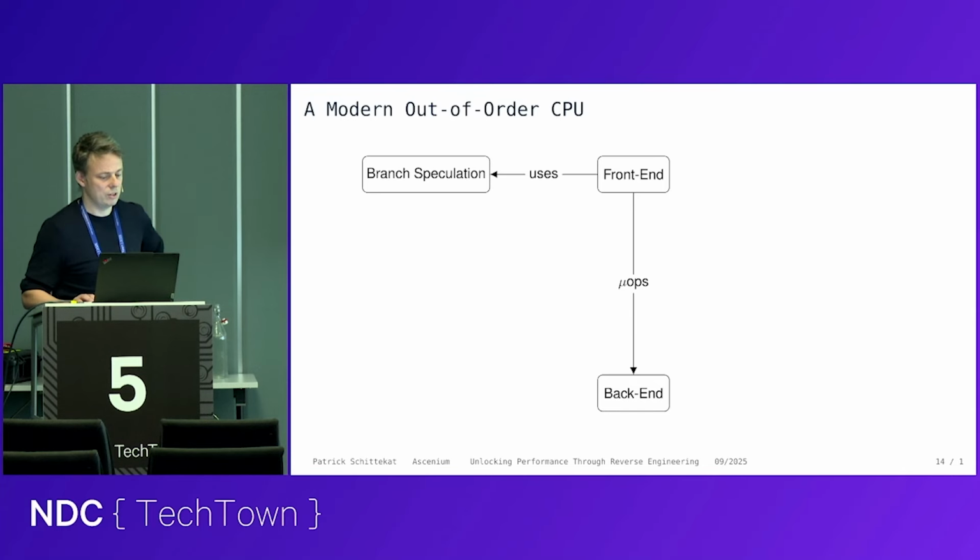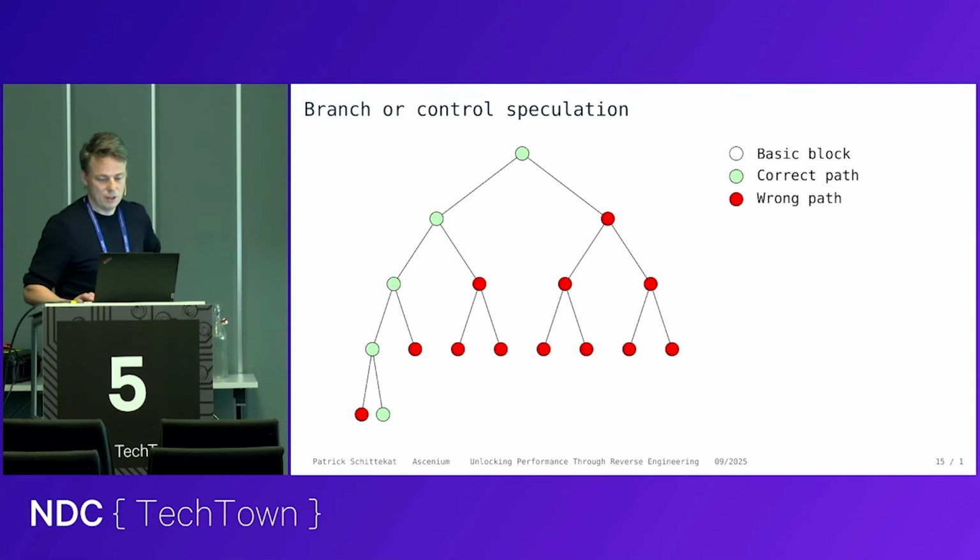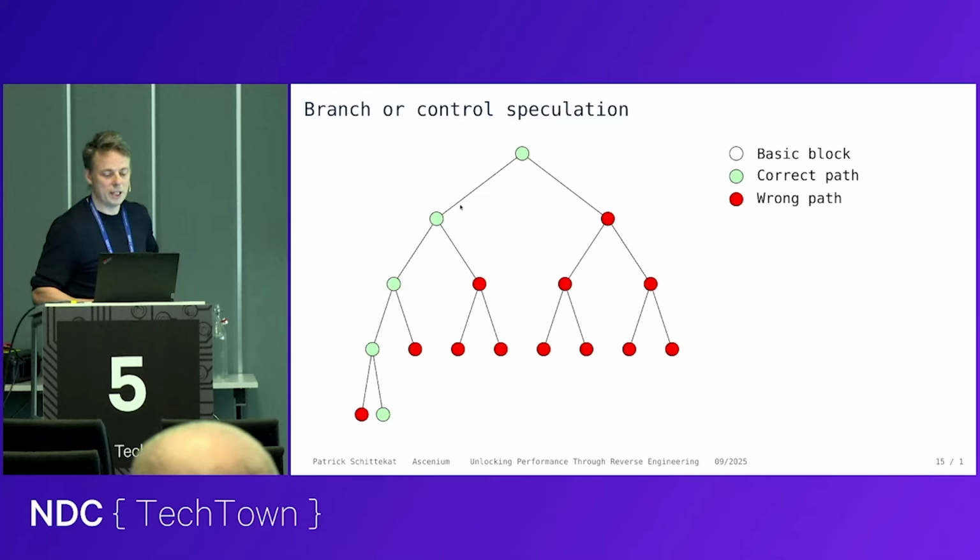So it does branch speculation, and for every branch at the end of a basic block, it will try to speculate, should we go here or here? In this case we go left. And in this case we go left again, and then to the right, etc. And we don't go to here.